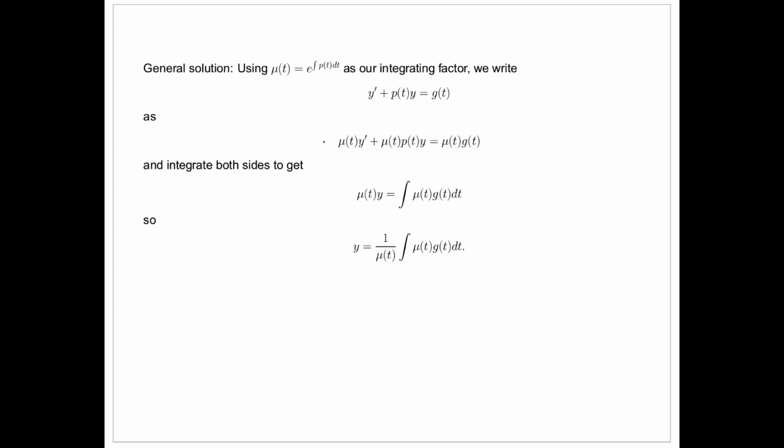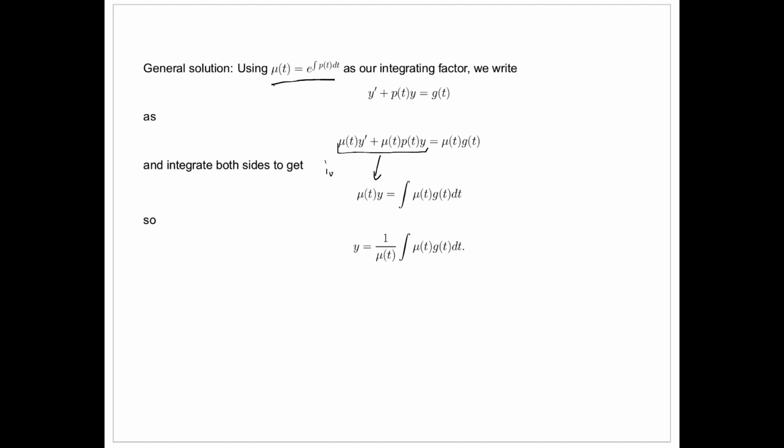Okay, how do we make use of that? So we start with the differential equation of this form. We multiply both sides by our integrating factor. Remember, our integrating factor here will be mu is e to the integral of p of t dt. We recognize this now as exact. So we can integrate both sides.